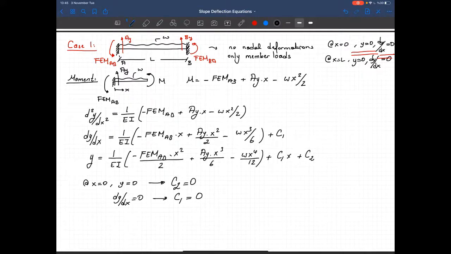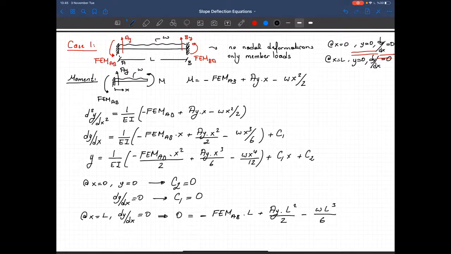Okay, now I want to get rid of AY also, so let's use the other two boundary conditions. So at X is equal to L, I got dy over dx equal to 0, so this tells me that 0 is equal to minus fixed moment AB times length plus AY L squared divided by 2 minus W L cubed divided by 6.